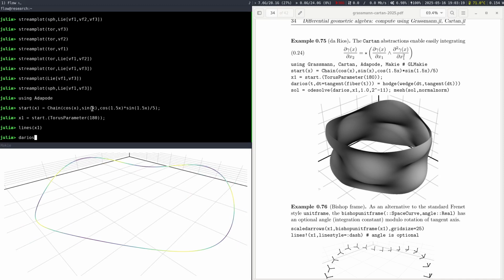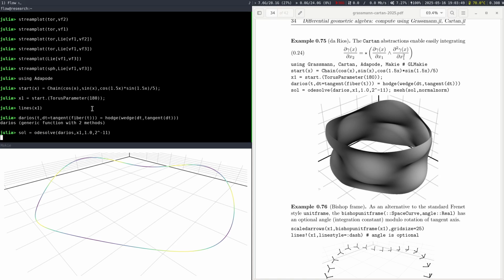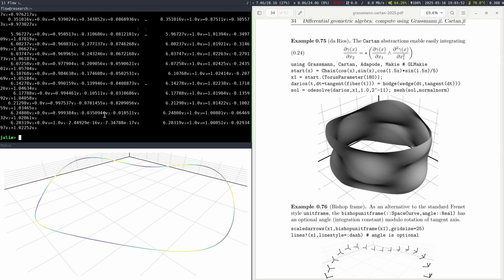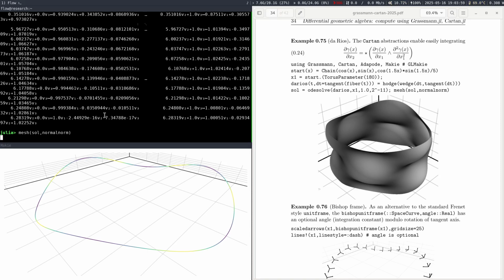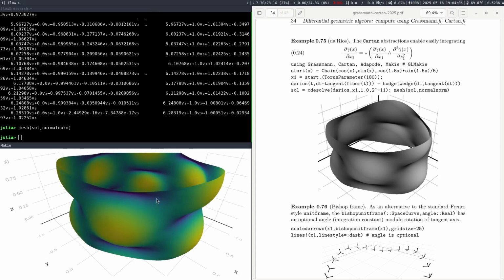And we're gonna find the Dirac equation. So that's the solution to the Dirac equation using that initial condition.